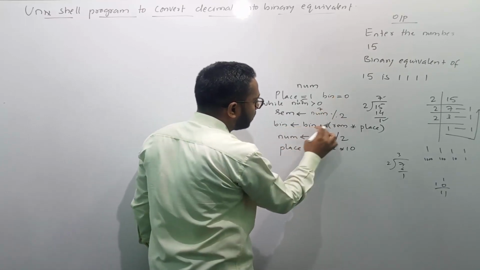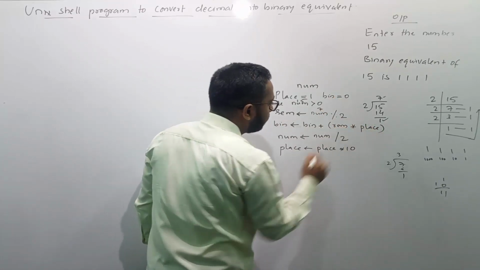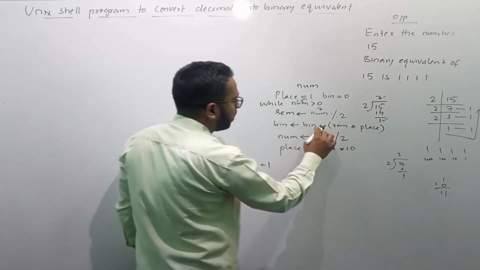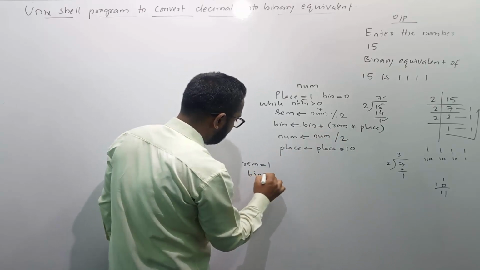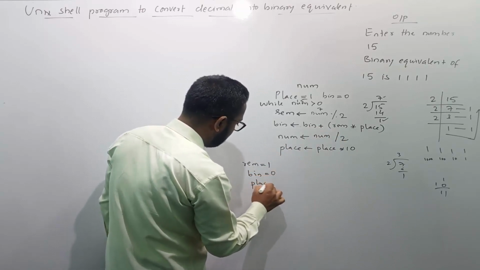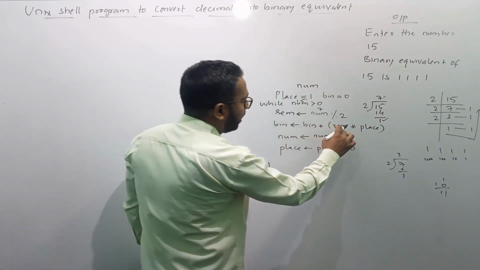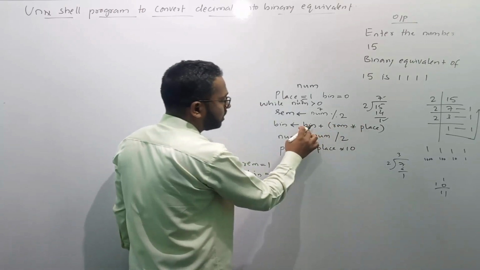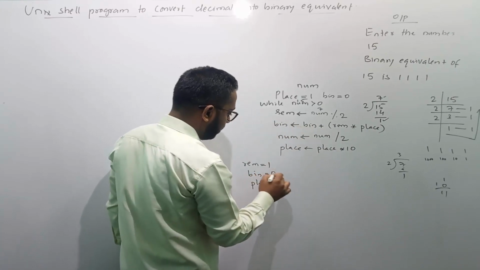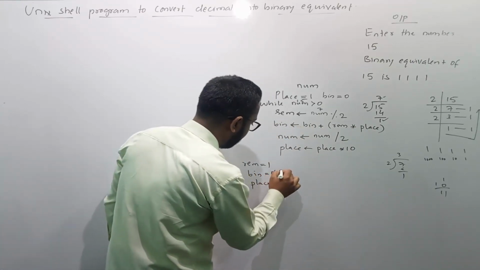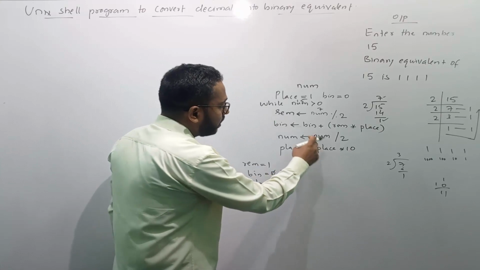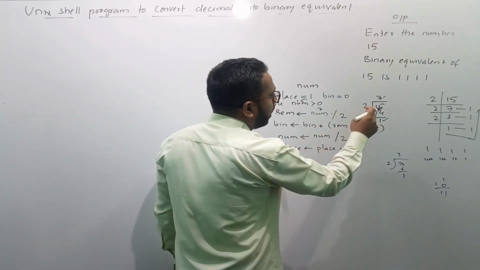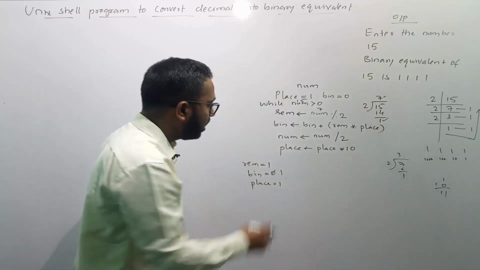Binary value is 0, 0 plus remainder 1 into place 1, which is 1 into 1, 1 plus 0, so we will get binary as 1. Next, num by 2: when I divide 15 by 2, I will get 7.